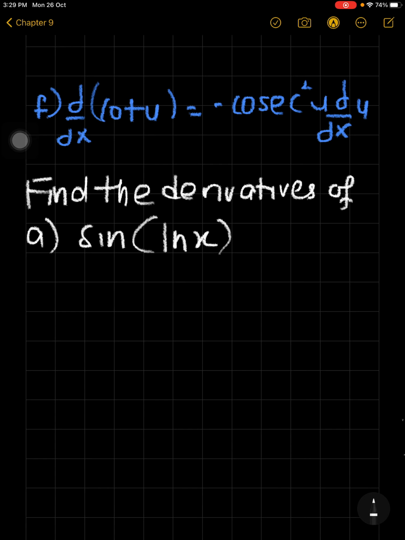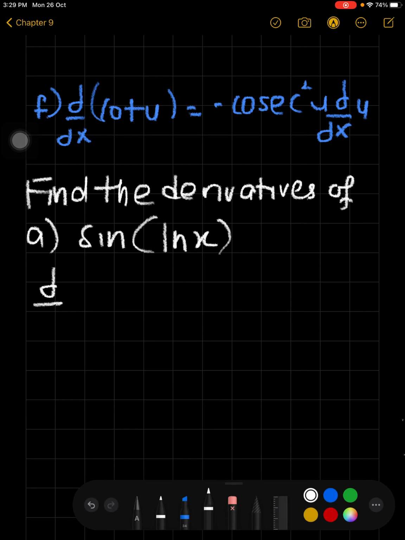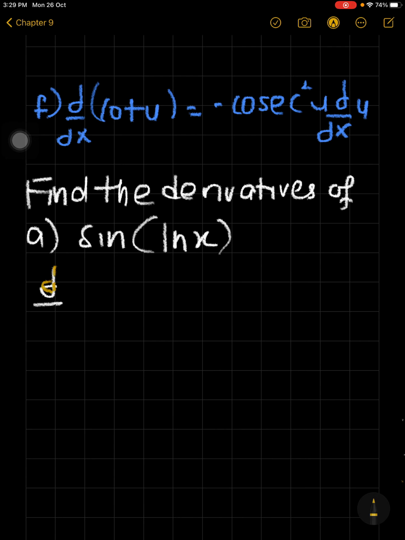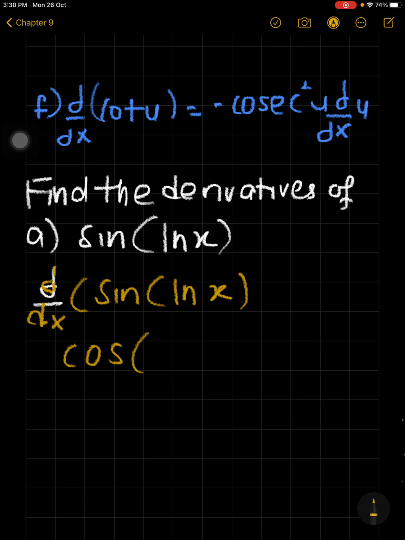Okay, so untuk solve this one, d/dx sin ln x. Okay, so bila you differentiate sin, you akan dapat cos. Okay, and then you have to differentiate ln. Cos ln x, and then you have to differentiate d/dx ln x.